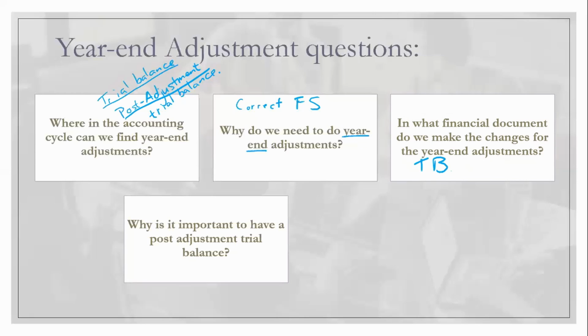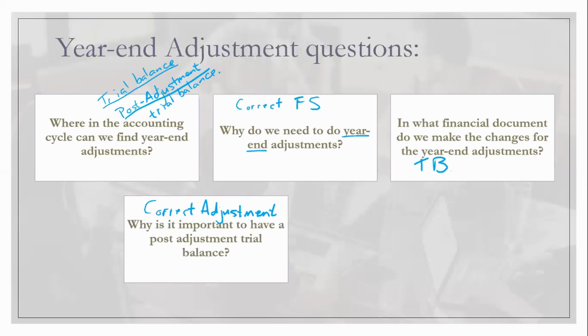Okay. Why is it important to have a post-adjustment trial balance? I think that links to the second question, ma'am. Good. Okay. So it's important to have a post-adjustment trial balance to ensure that the correct adjustments were made.